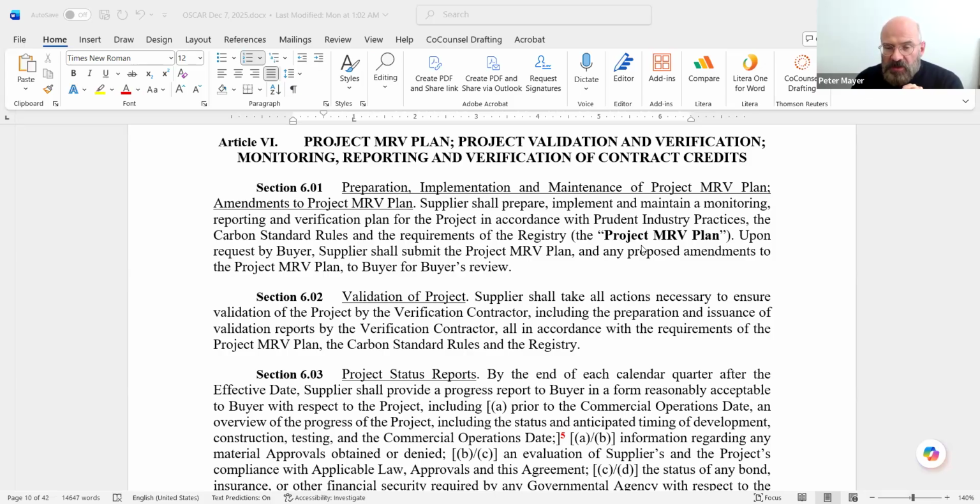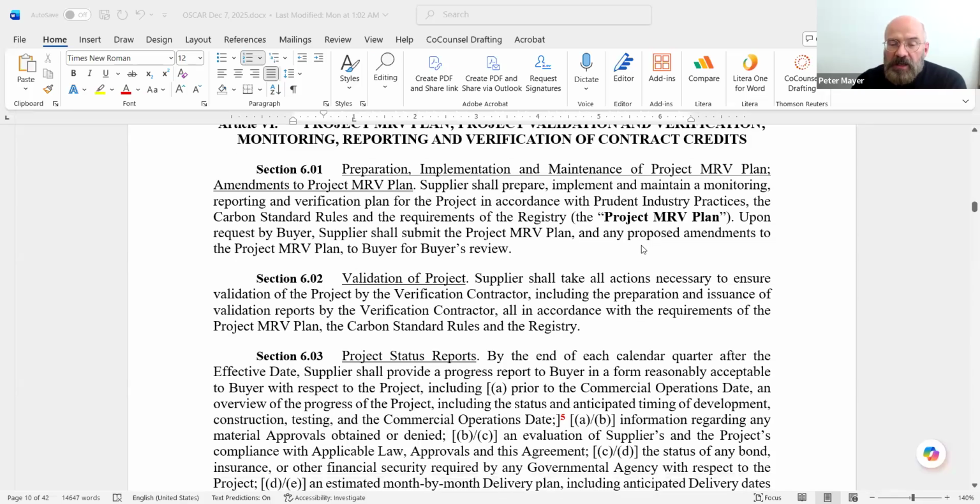And it is typically the supplier's responsibility to take care of that, right? To develop an MRV plan, choose the standard that should apply to this project, and then follow that guideline until the projects are validated and the credits are verified.